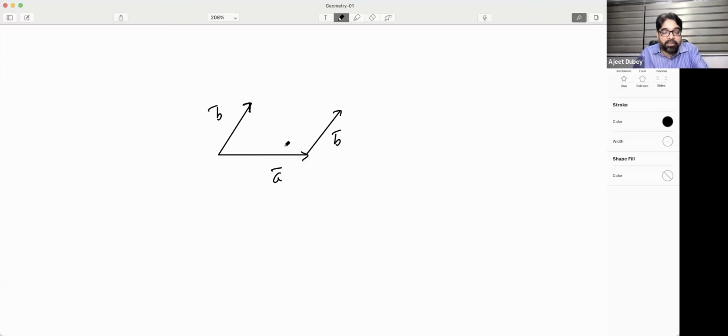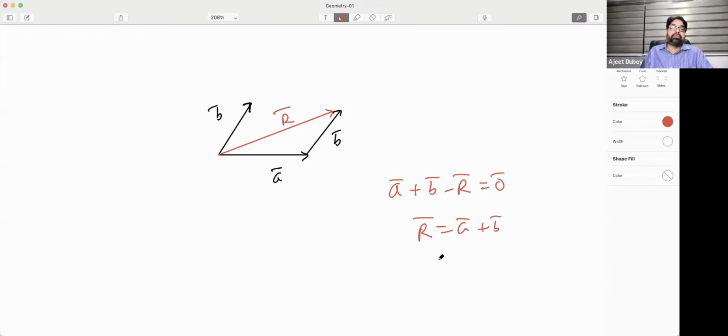I want this vector. Carefully watch everybody, don't answer anything. Now I can see it's a closed loop. So I will say A plus B, and suppose this is the R vector, imagine, so minus R equals 0. That means R vector equals A plus B. Is it clear to everybody?